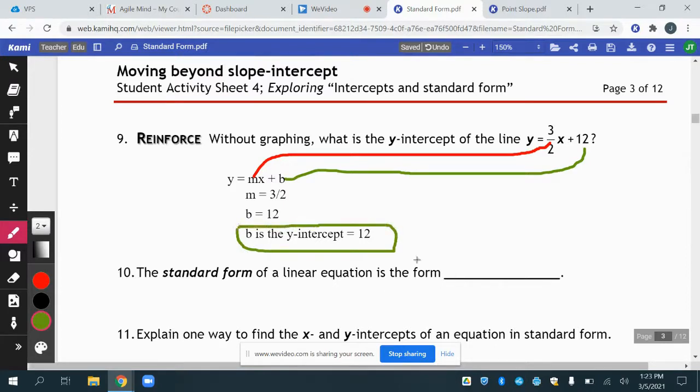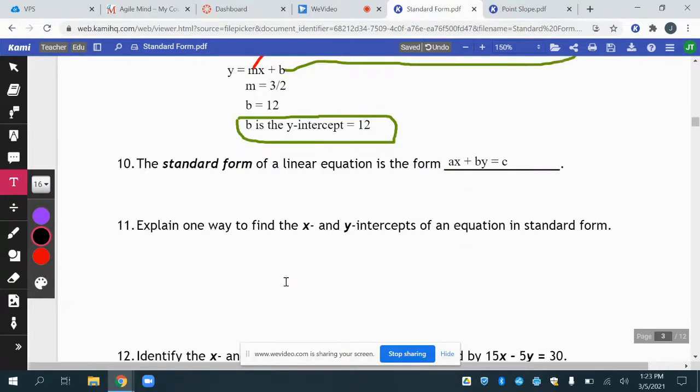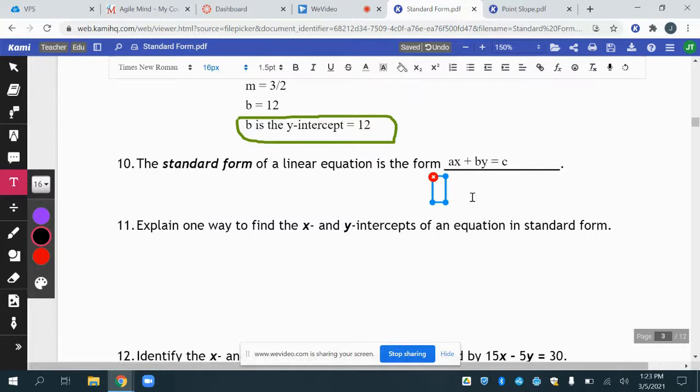Okay, standard form of a linear equation. I just told you that. It's ax plus by equals c. They might use capital letters for A, B, and C. A, B, and C are all integers, if possible.